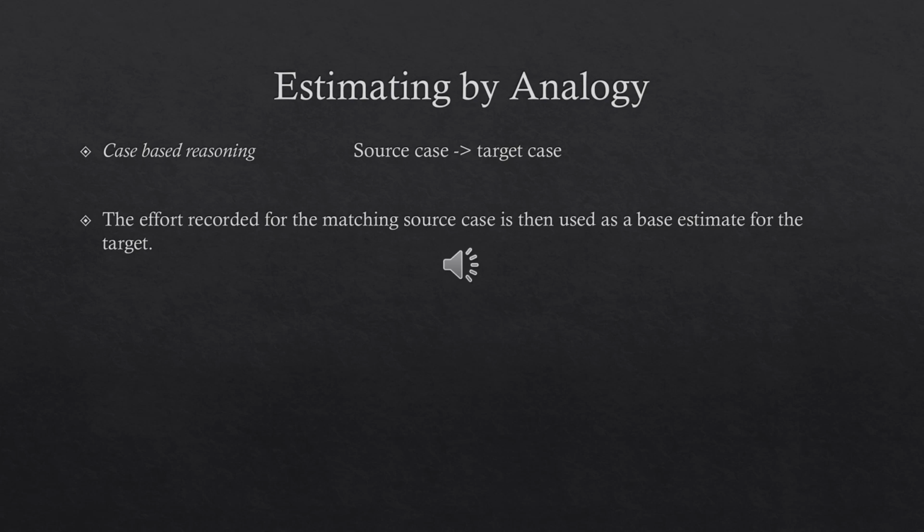The new project is estimated by adjusting the base estimate. What is the base estimate? The effort recorded for the matching source case is used as the base estimate. It is known as estimating by analogy. Okay.